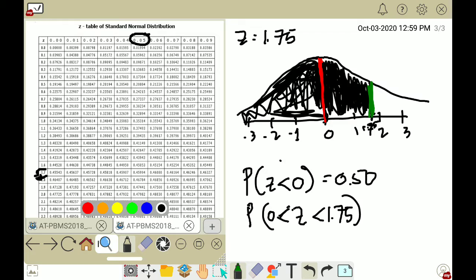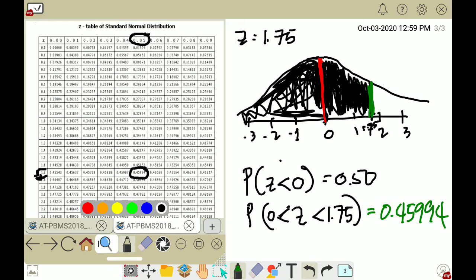Okay, so we have that intersection, we have 0.45994. Okay, so look at your illustration.